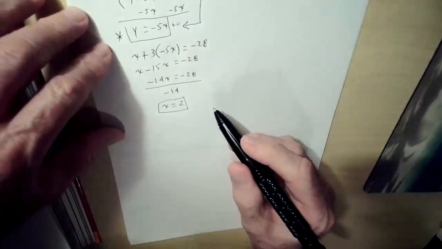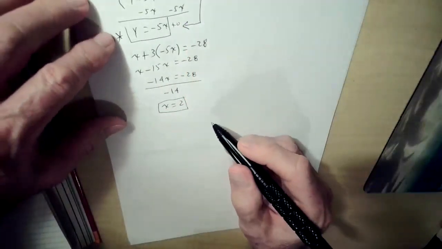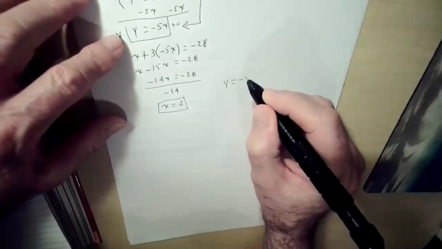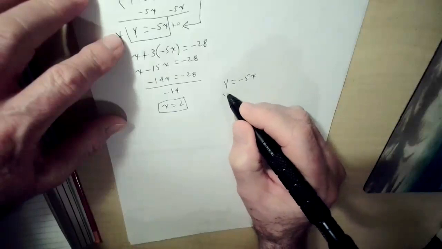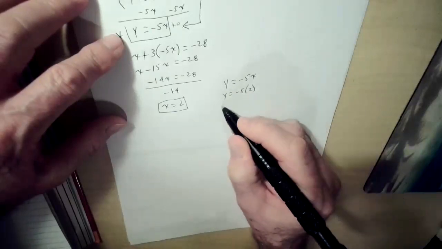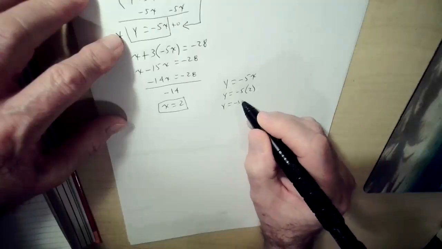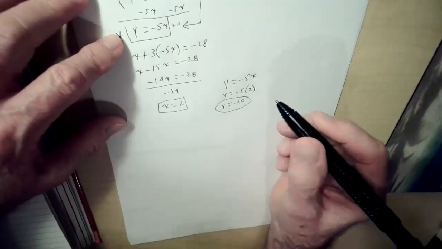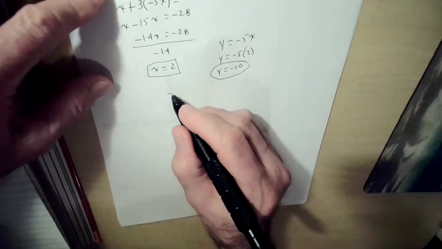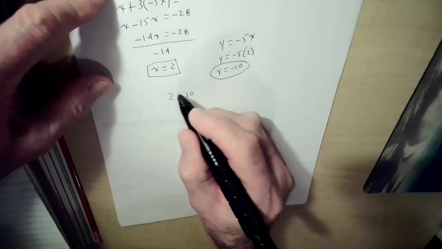Let's plug it into this equation. Because remember, this equation and this equation are the same. They just look different. But you can plug it into this one too. It doesn't make any difference. But this one's already solved for y. y equals negative 5x. So y equals negative 5 times 2.